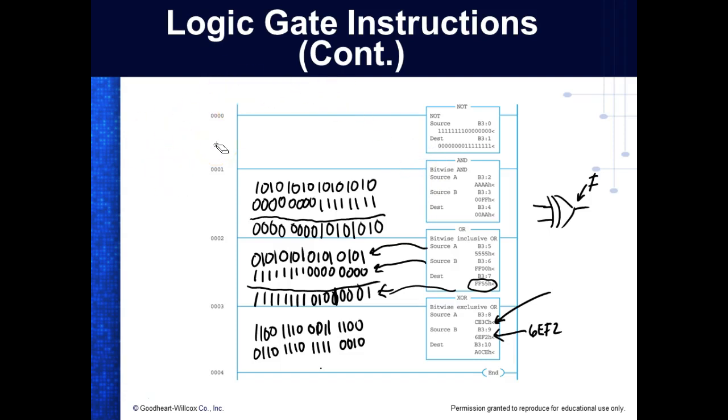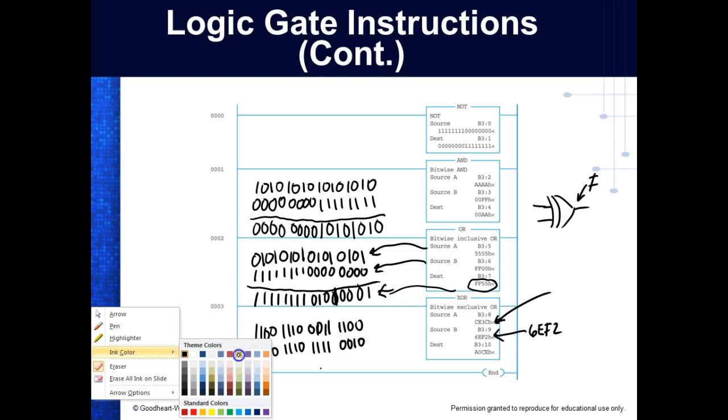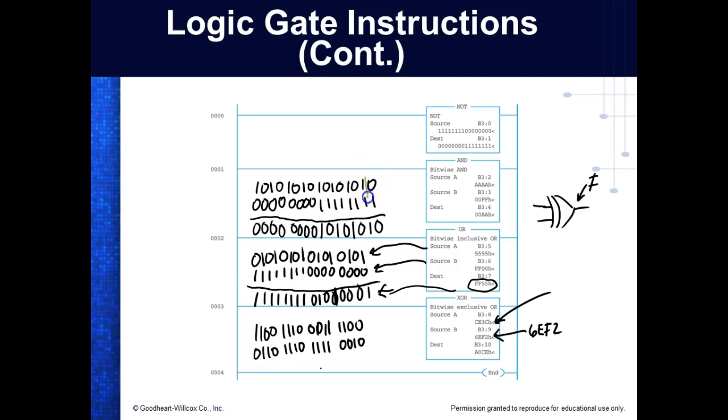We look at it a group of bits at a time. So what I'm doing is I'm ANDing these 2 bits right here. So what's a 1 AND with a 0? 0. Right? Understand?